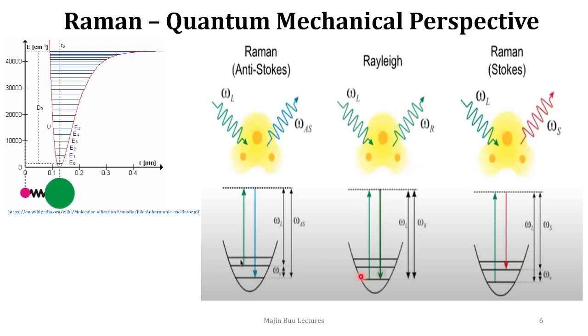So if the energy of the incident photon or the electromagnetic wave is the same as that being scattered, or vice versa, then there is no energy that is absorbed or lost to the system, and that can be categorized as Rayleigh scattering.